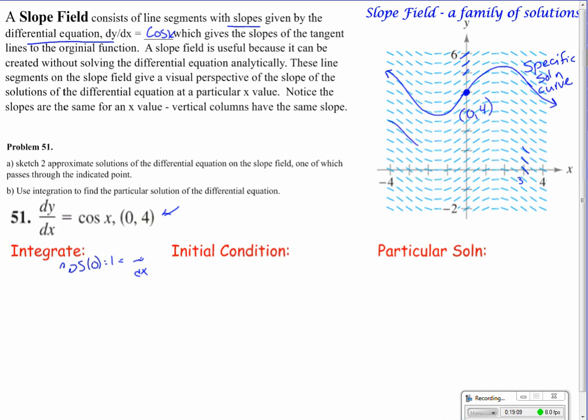Are there other curves that mimic this? Absolutely. The only difference for these curves is that they have a different c value, a different constant. And that constant raises or lowers this general family of graphs. So the way to do this is the same that we've been doing it all along today.